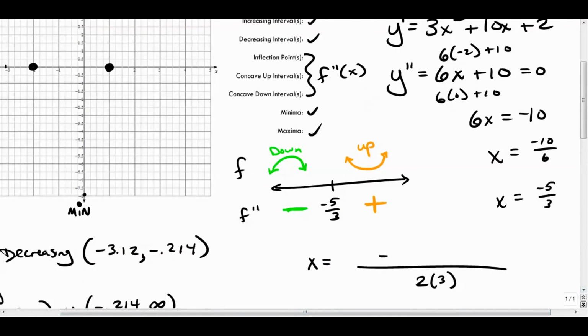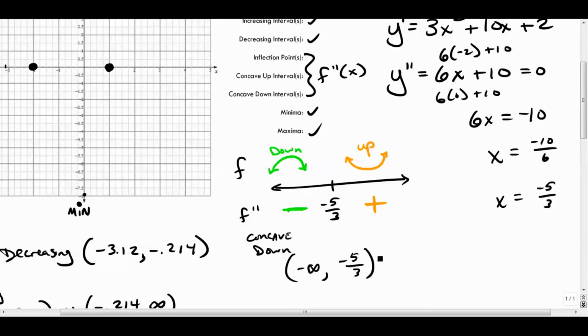In terms of the intervals of concavity, it is concave down from negative infinity to negative 5 over 3, and it's concave up from negative 5 over 3 to infinity.